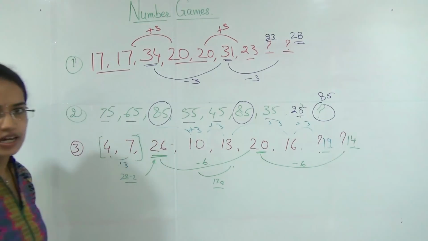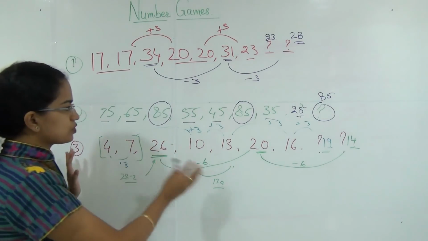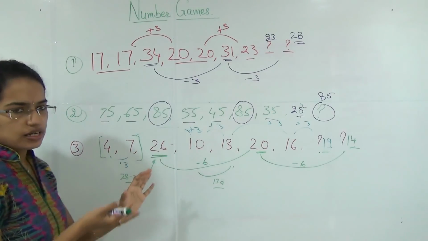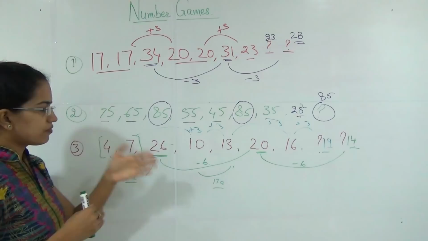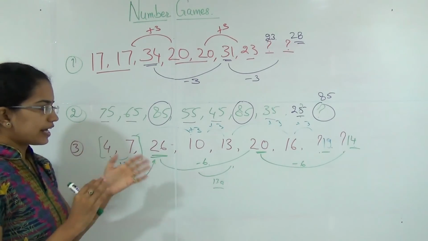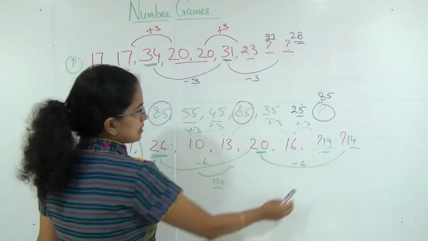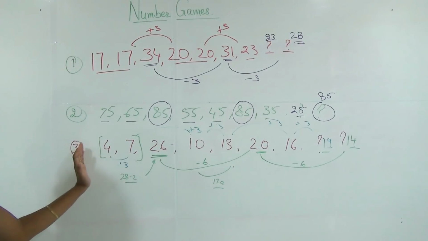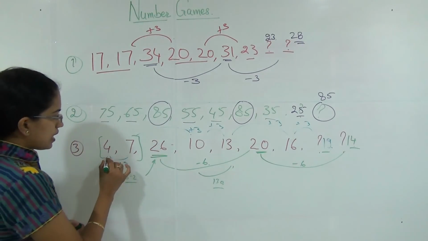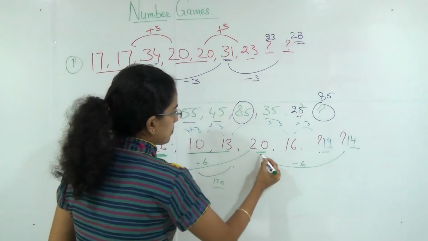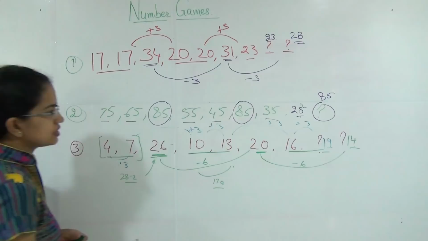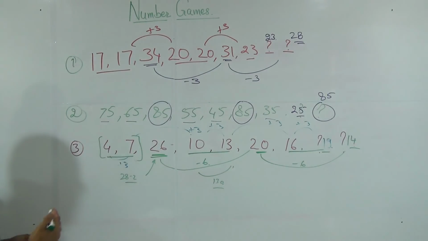Then they will be stuck, thinking, oh no, we are totally confused about what to do. And once you are stuck going in the wrong direction, you won't be able to find the simplicity that is hidden in the question. So it's very important that you try to understand the question, break it up into parts, and then start solving it.